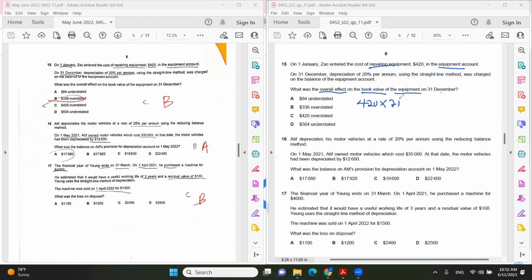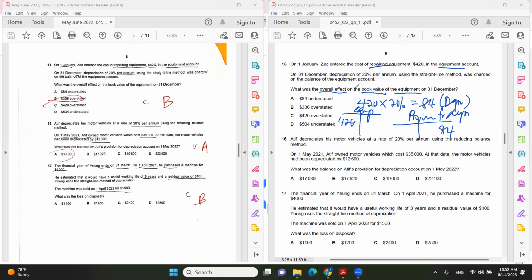This one 20%. So I get 84. This is the depreciation. Okay. So I have equipment 420, provision for depreciation 84.